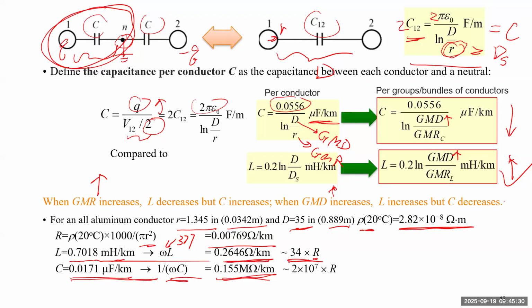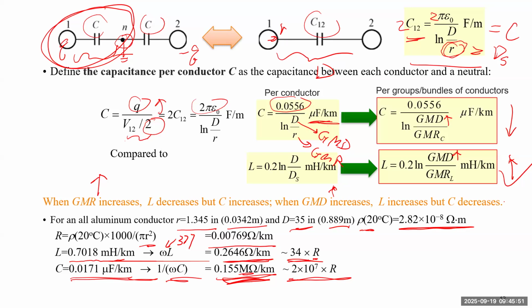So this value is the equivalent reactance connecting the conductor to the ground. The M here is mega, a million, so it's huge. Compared to the resistance, it's like 20 million times the resistance.